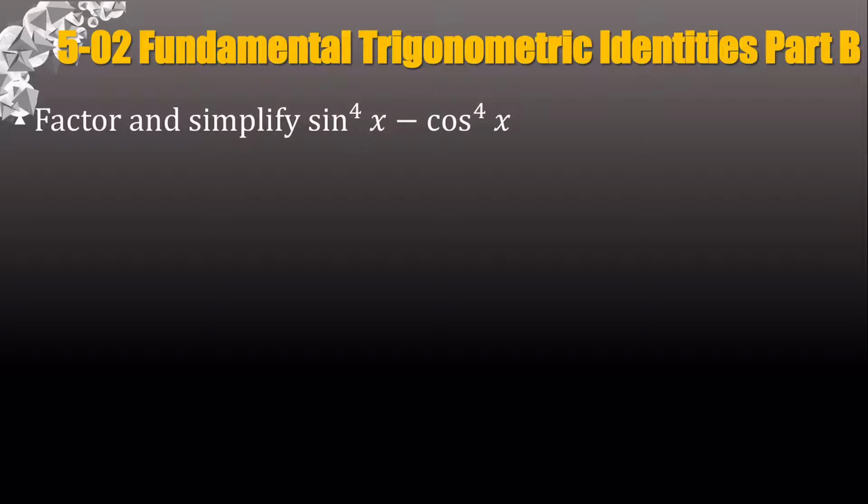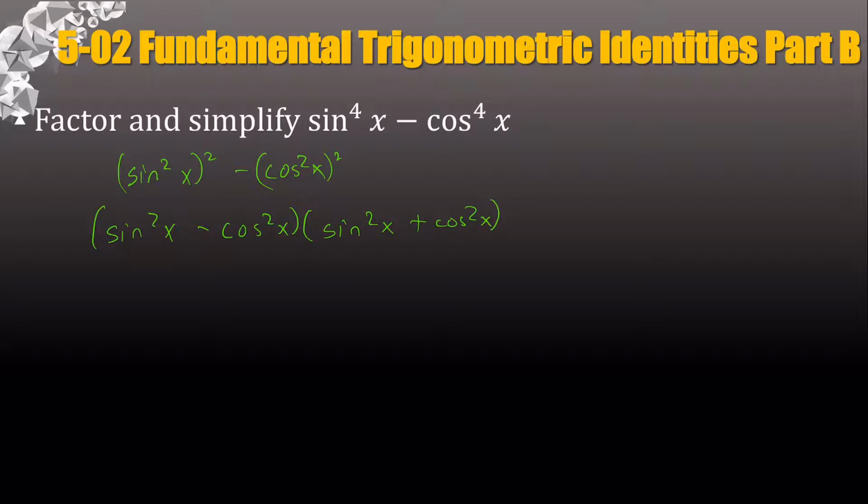All right, so we can see this one says factor and simplify. So I notice this is a difference of squares. This would be sine squared x squared minus cosine squared x squared. So a difference of squares would be sine squared x minus cosine squared x times sine squared x plus cosine squared x.